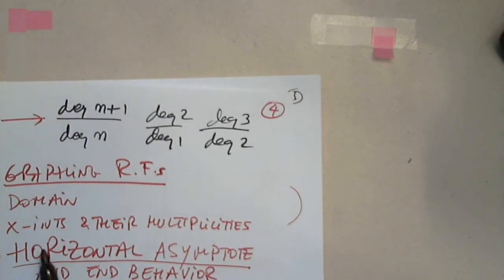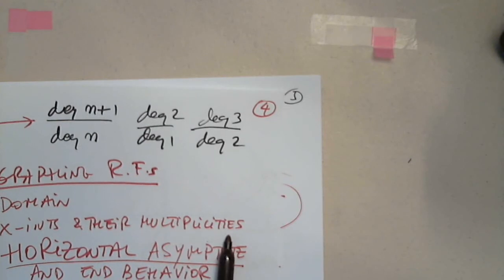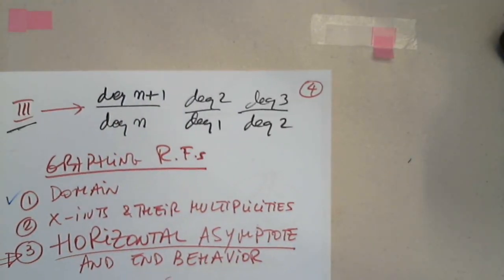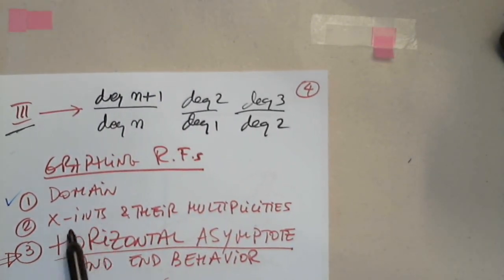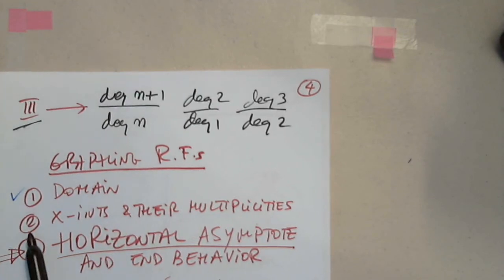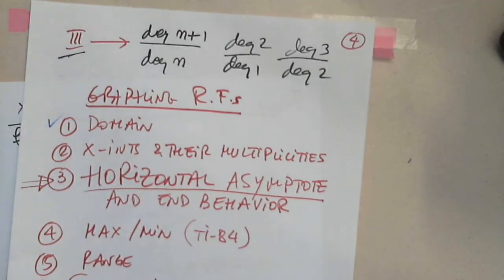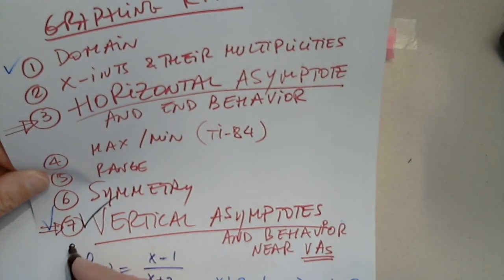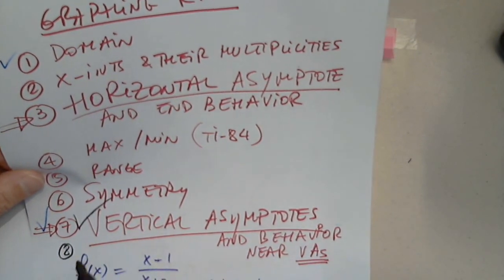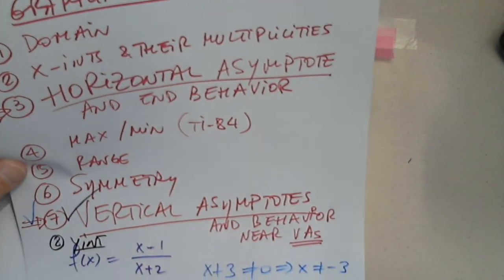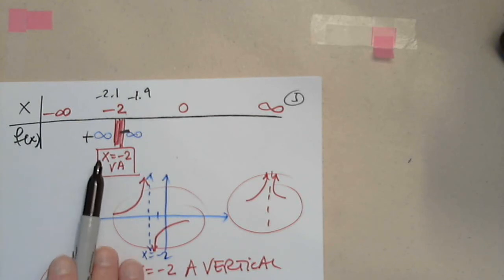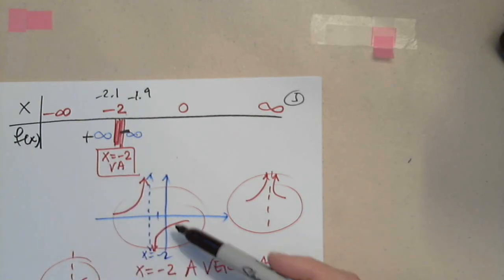Okay, so now let's talk about the x-intercepts. Of course, we have to add here the x and y-intercept, right? So we need one more item. I jumped. So the vertical asymptote is negative 2 then? The vertical asymptote is x equals negative 2, this line.